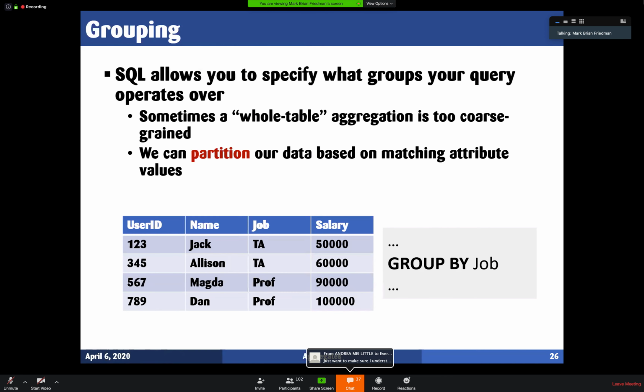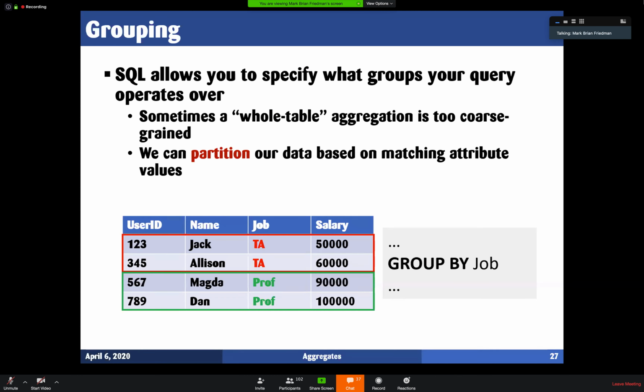So we can partition the data by job and then report just the result of the aggregate function for that grouping of the data. In this case, we would calculate the average salary for the TAs and report that as a row in a new relation, a result set. And we could calculate the average salary for the profs separately and also report that.